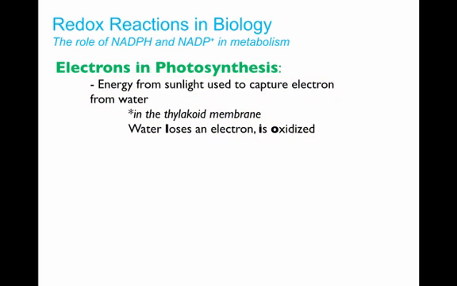And this process happens in the thylakoid membrane of a chloroplast. Now, when water loses an electron, that means it is oxidized. Remember, oxidation is loss. This process summarizes what is happening in the light-dependent reaction of photosynthesis, which is the first stage in photosynthesis to occur.